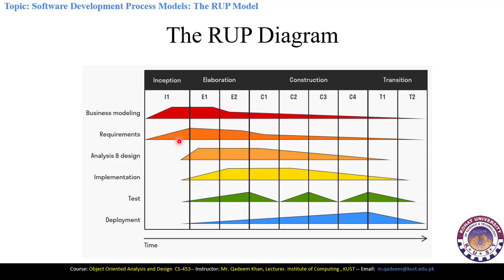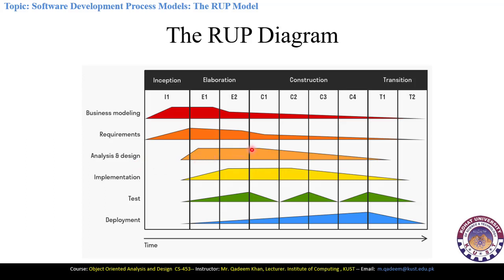Next is the requirements discipline. You can see that requirements mostly occur in the elaboration phase. That means here we will provide the requirements of the user in the form of use case diagrams, which is part of the elaboration phase. Next is analysis and design.